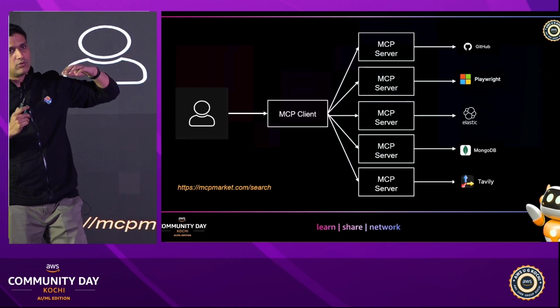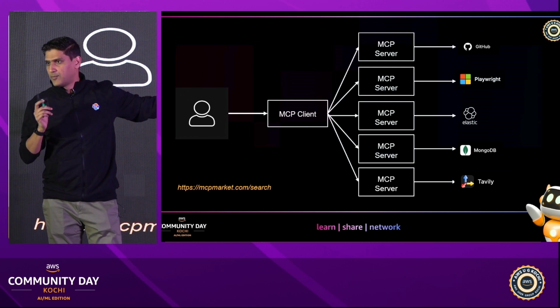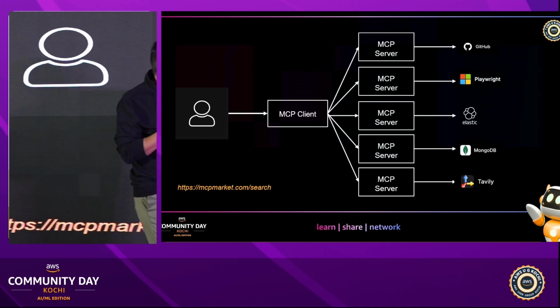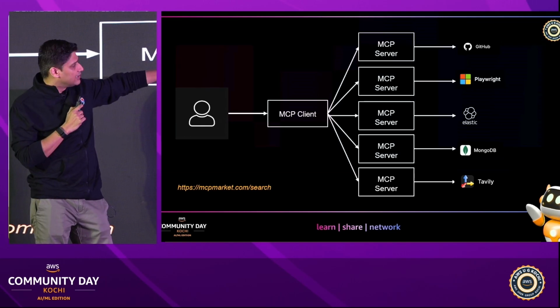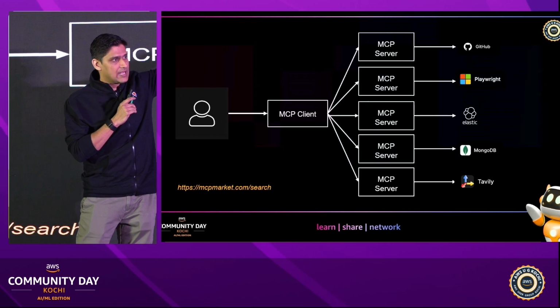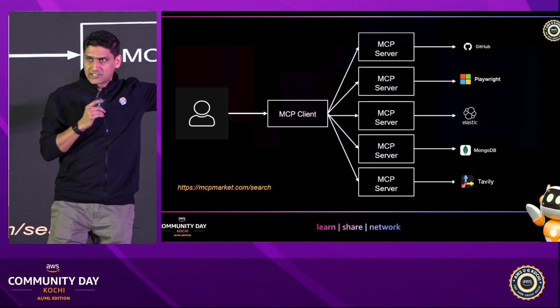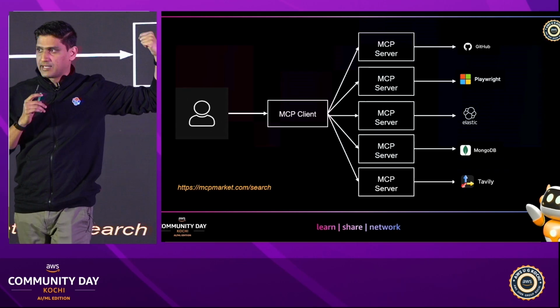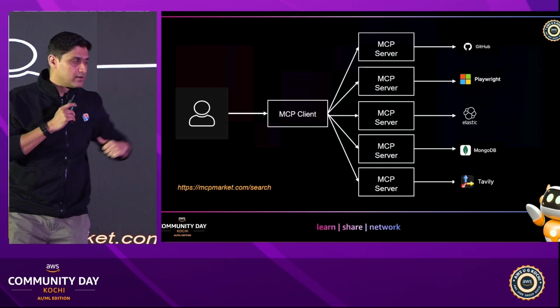Now you can ask, what happened to my PR request about this issue ID? The MCP client will take care of it, because the LLM is running here and will decide to call the GitHub MCP server, and that's it. The MCP server will call the GitHub APIs to get the desired result about your PR request, right?